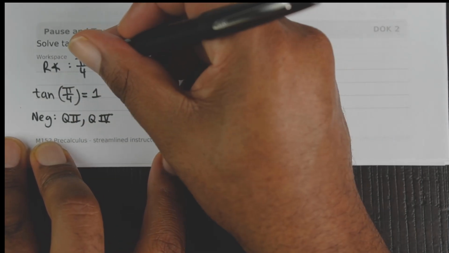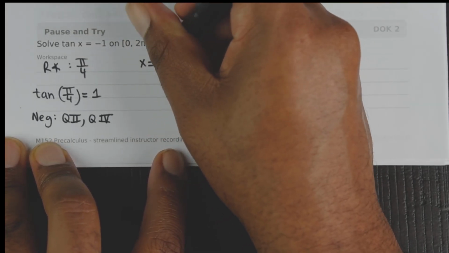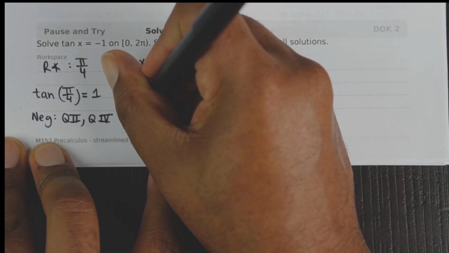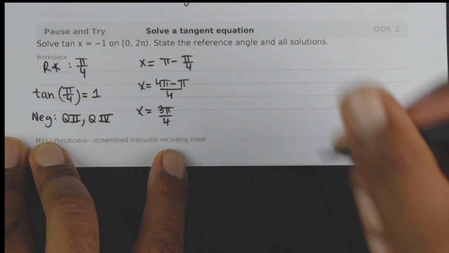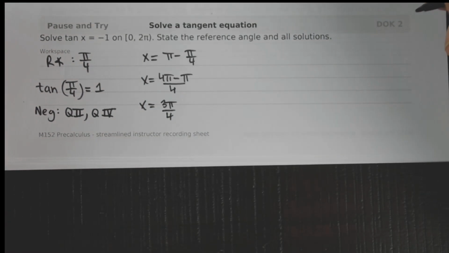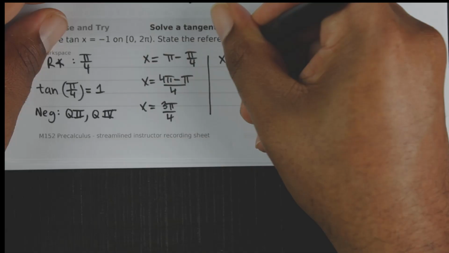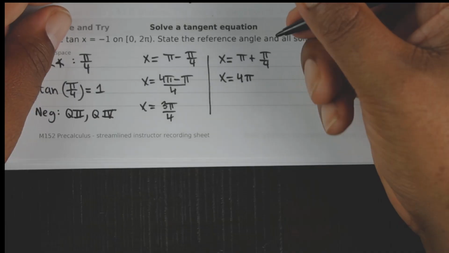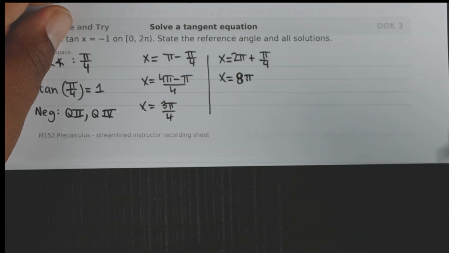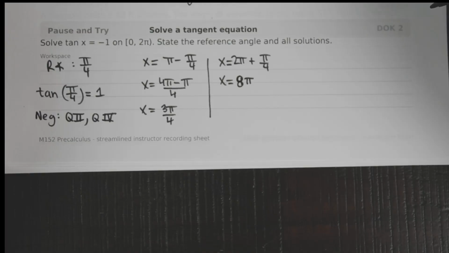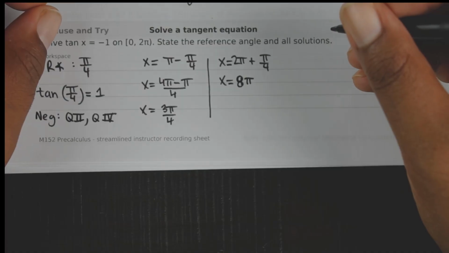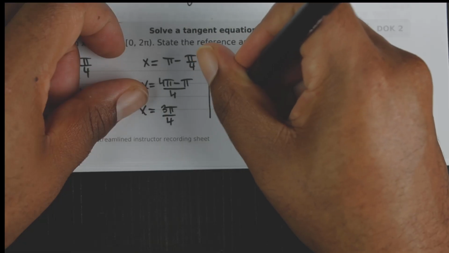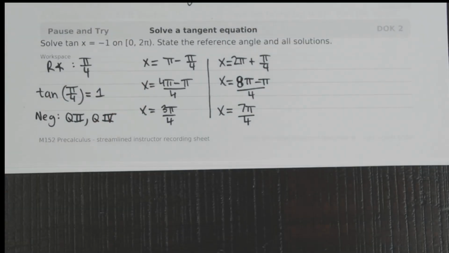And the reference angle is pi over 4, so we have x equals pi minus pi over 4, which is 3 pi over 4. Okay. And then the angle in quadrant number 4 would be 2 pi minus pi over 4, which is 8 pi over 4 minus pi over 4, or 7 pi over 4.